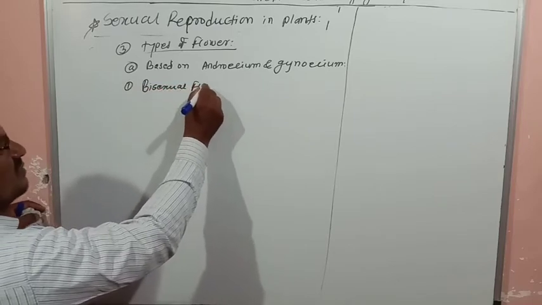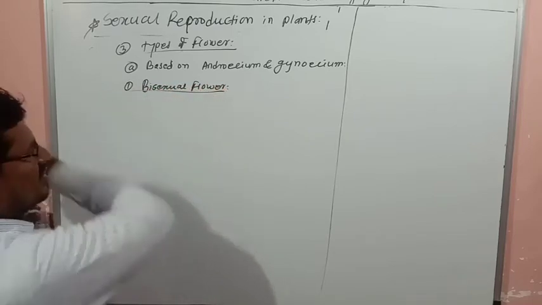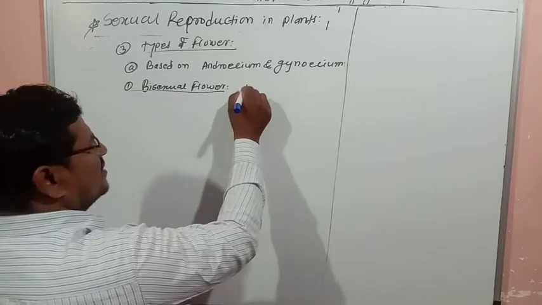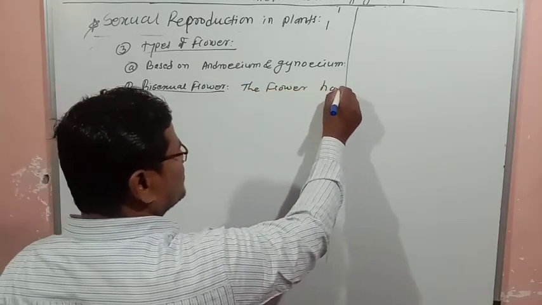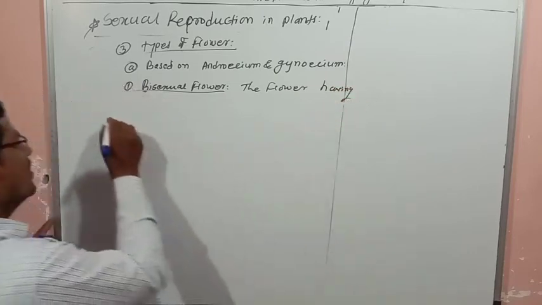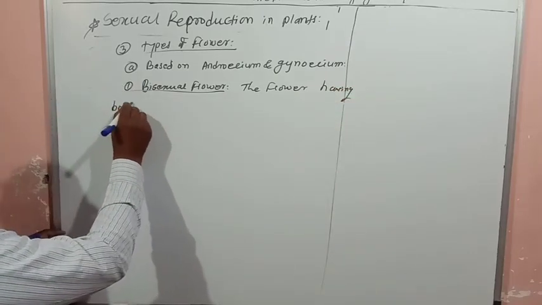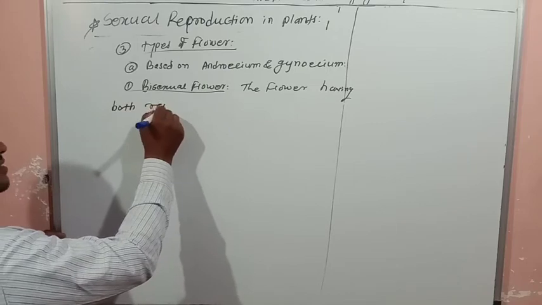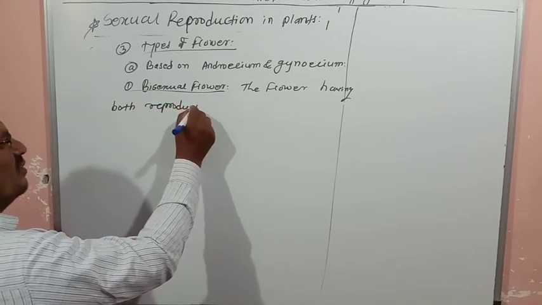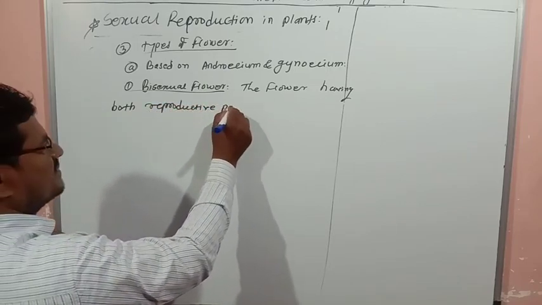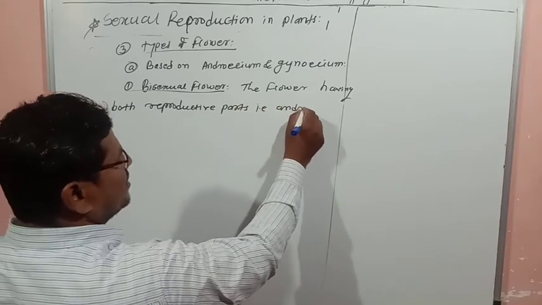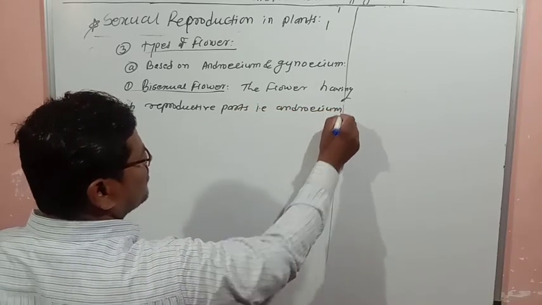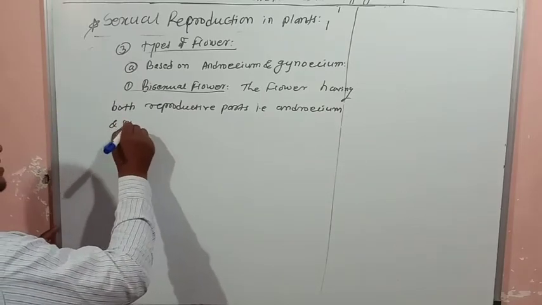Bisexual flower. In a bisexual flower, the flower has both reproductive parts, that is androecium and gynoecium.